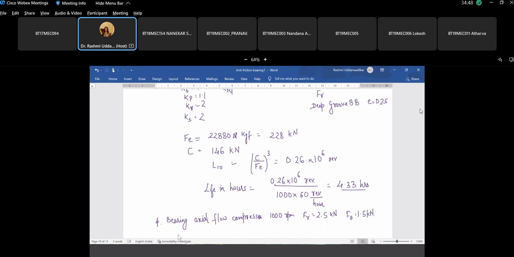The service imposes high shock and the bearing is in use for 40 hours per week for 5 years.